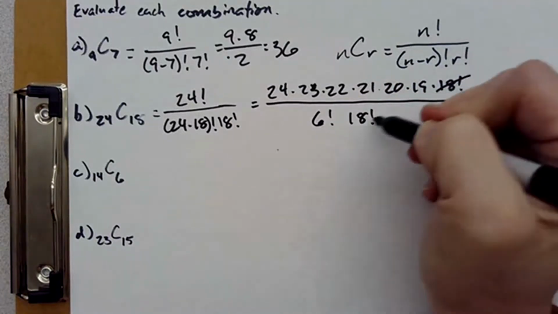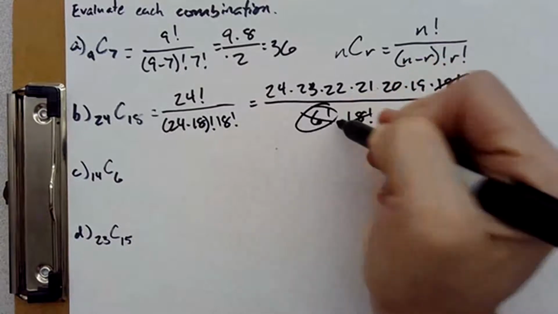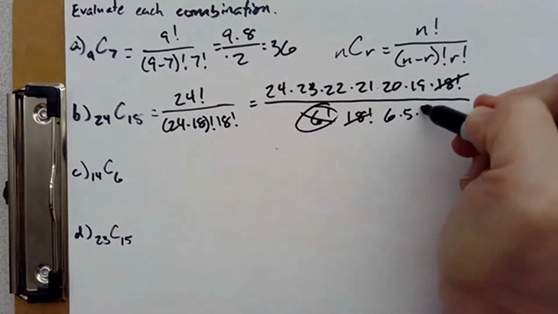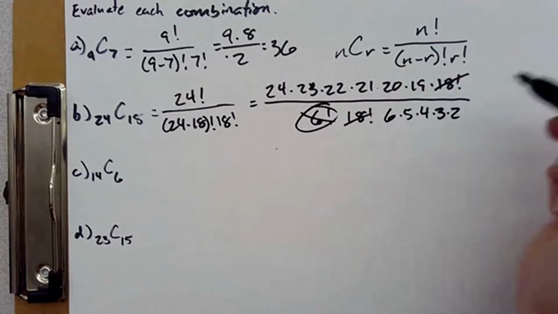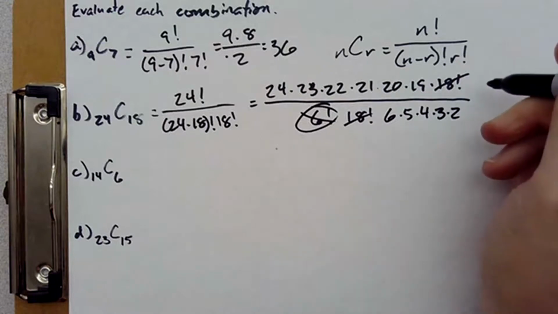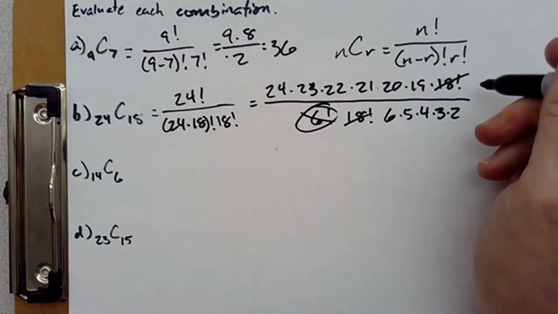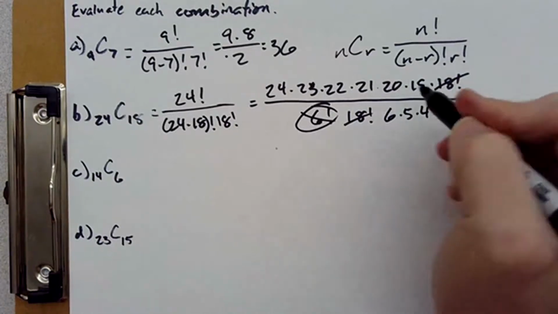Okay, well, I can cancel those, and then I can expand this. 6 times 5 times 4 times 3 times 2 times 1. I'm not going to bother writing the 1 because we know that anything times 1 is itself.